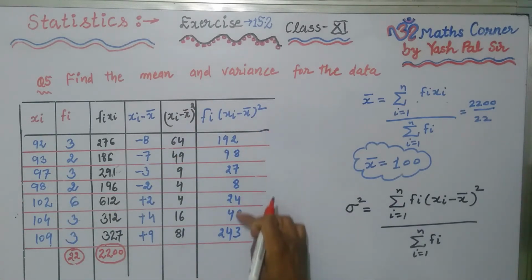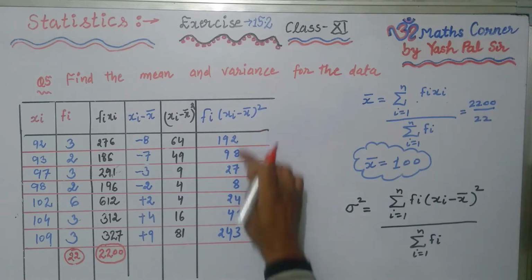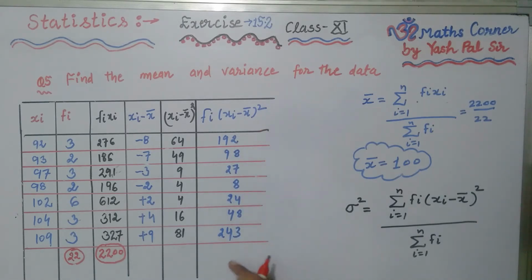Now we find the sum of this column, the sum of all these observations, that is equal to 640, right?